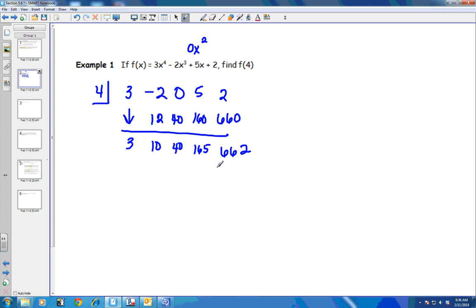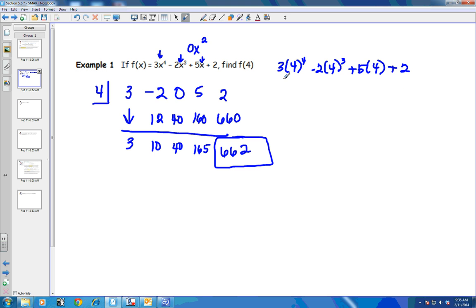So before, we were dividing and we would write out our answer. We're actually evaluating f of 4 by using synthetic division. And the remainder theorem says whatever I get as my remainder is my answer when I plug 4 into all of these x's. So 662 is what I would get if I said 3 times 4 to the fourth minus 2 times 4 to the third plus 5 times 4 plus 2.